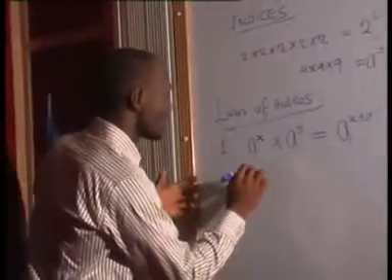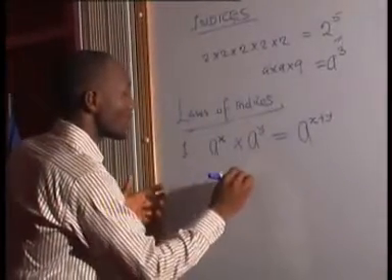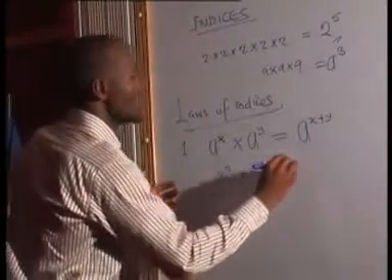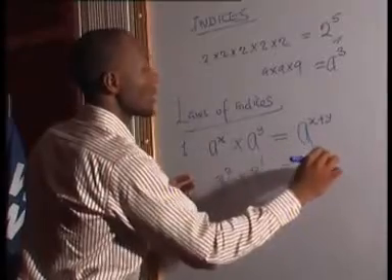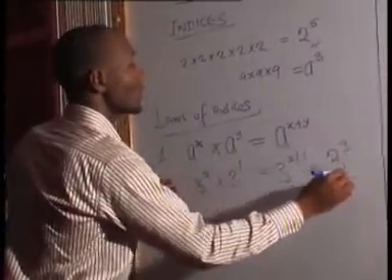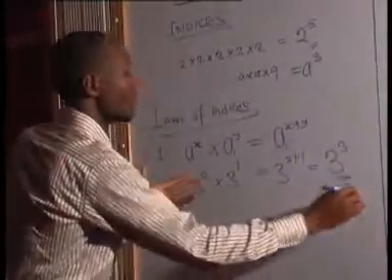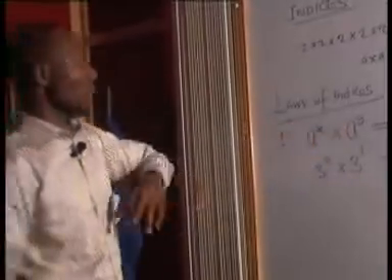For example, I have 3 squared times 3 raised to power 1. The same thing as saying 3 raised to power 2 plus 1, which is what? 3 raised to power 3, or 27. Are we there? Yes. So this is the first law.